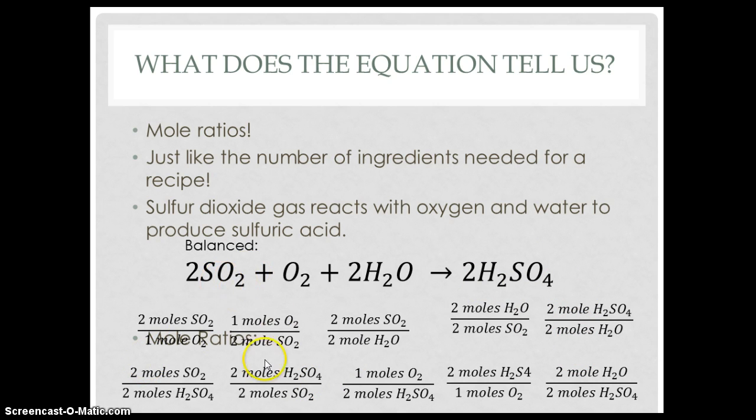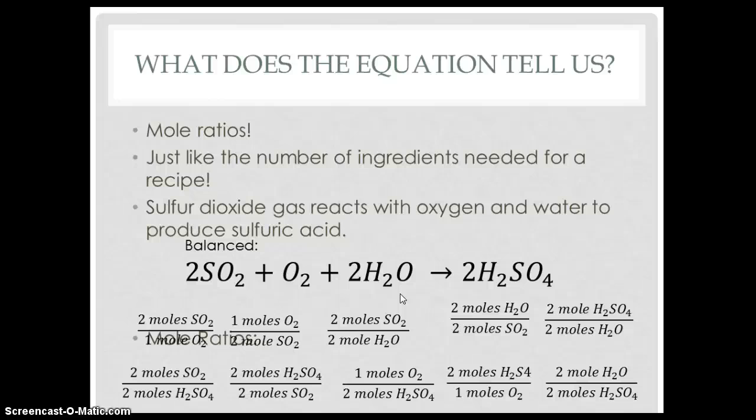This is the main part of stoichiometry, being able to read your recipe and know what you're getting out of it. It's like if I'm going to bake a cake and I want to double the recipe or maybe triple the recipe, I know I have to triple all of the ingredients, but those ingredients are always set in a certain ratio. So for every 2 eggs I throw into the batter, I might have to have a cup of milk, something like that.